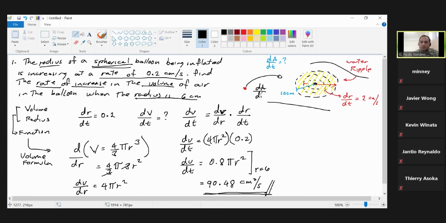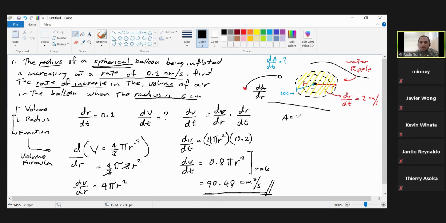This will come from the area formula. The area of a circle is pi r squared.